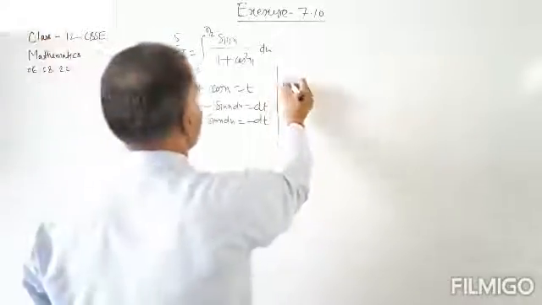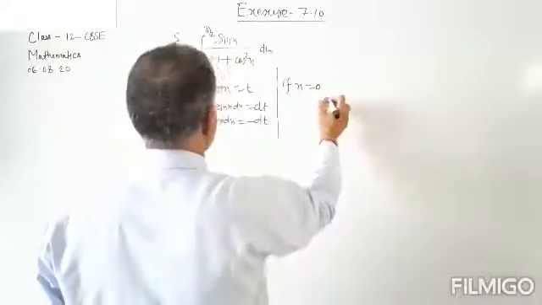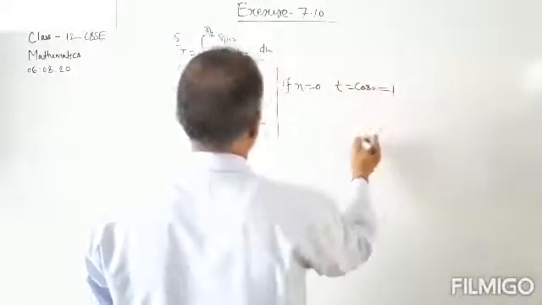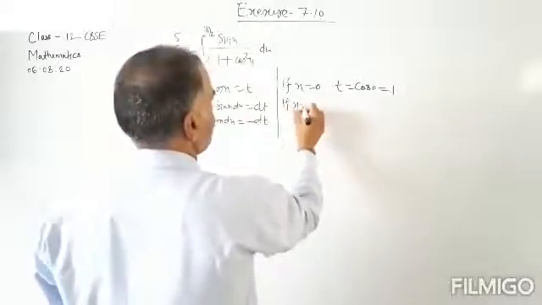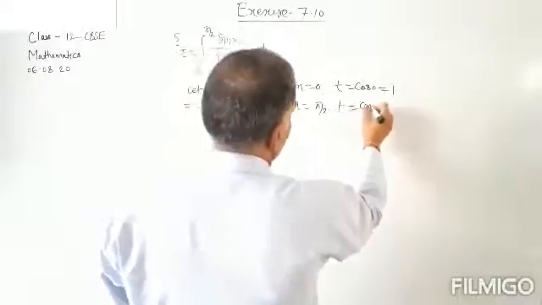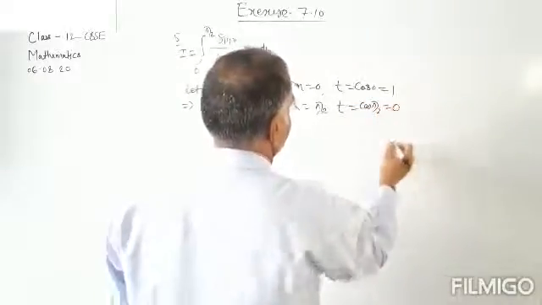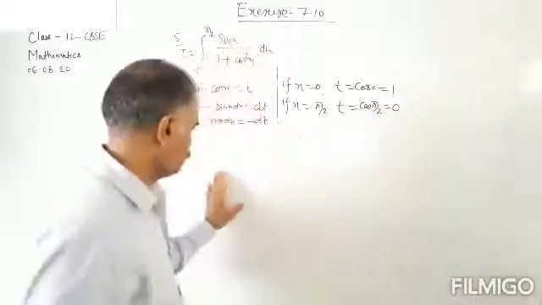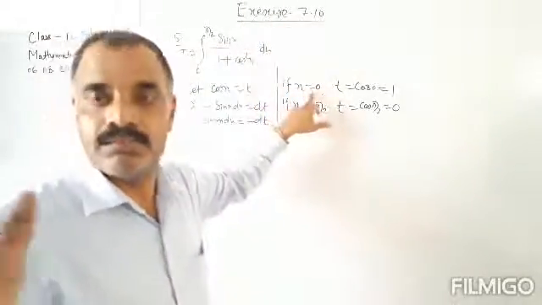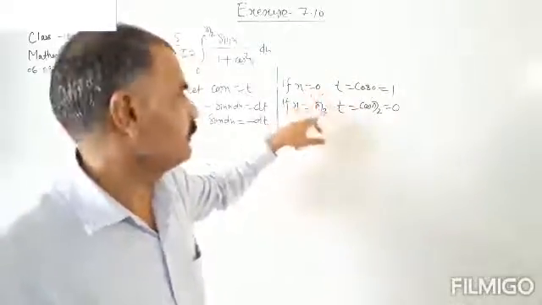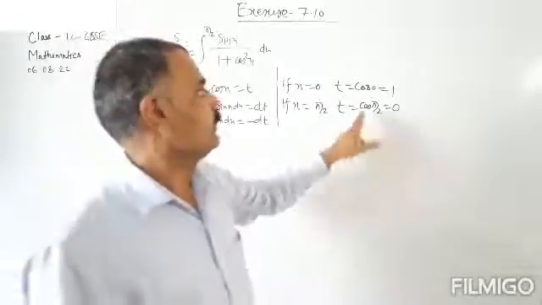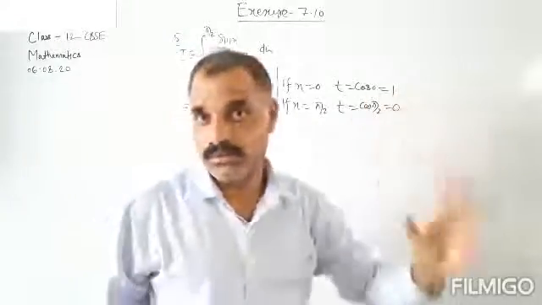If x is equals to 0, then t equals to cos 0, and cos 0 equals to 1. If x is equals to pi by 2, t equals to cos pi by 2, and cos pi by 2 equals to 0. So the limit which was from x equals to 0 to x equals to pi by 2 will be changed to t equals to 1 to t equals to 0.